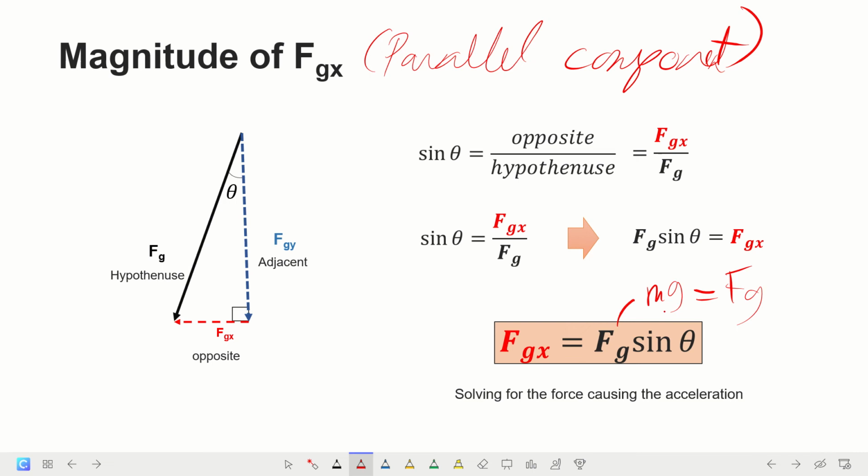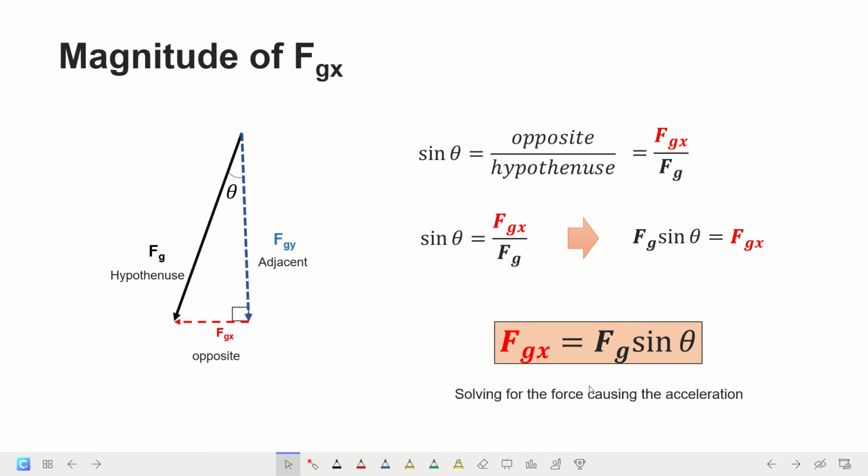So if the given in the problem is mass, then you can use mg in place of F_g. But if the given is the force due to gravity, then you can just substitute the given value. But if it is mass, you need to solve for the force due to gravity. This equation will be used to solve for the force causing the object to slide down, to accelerate down the inclined plane.